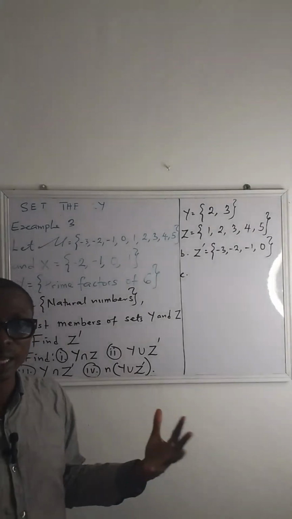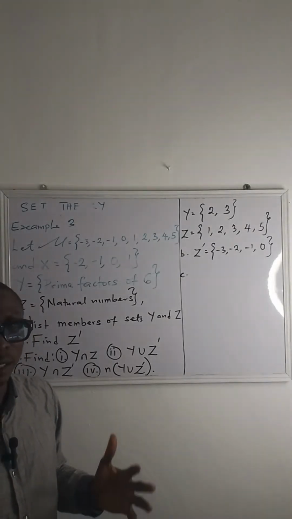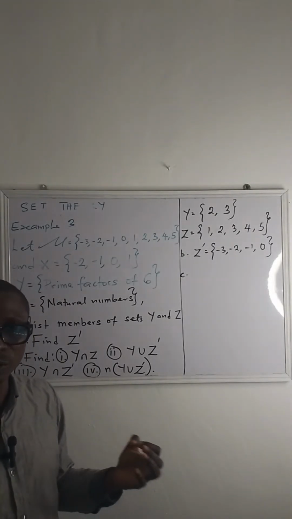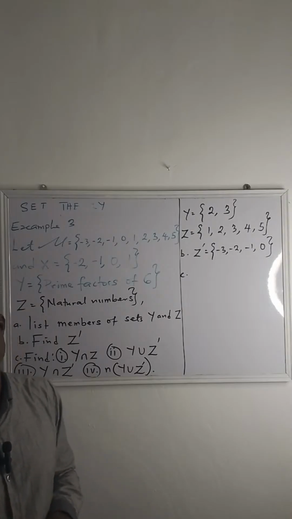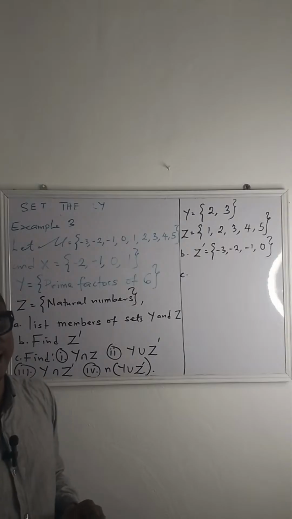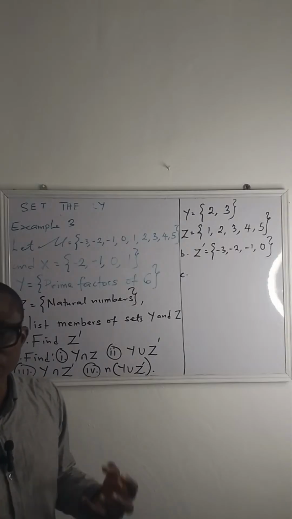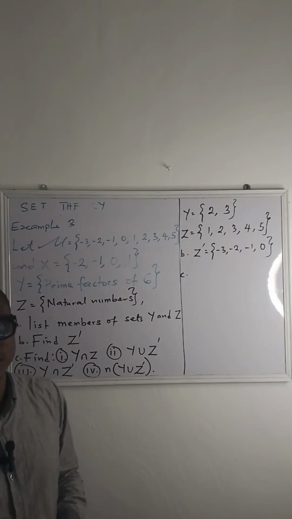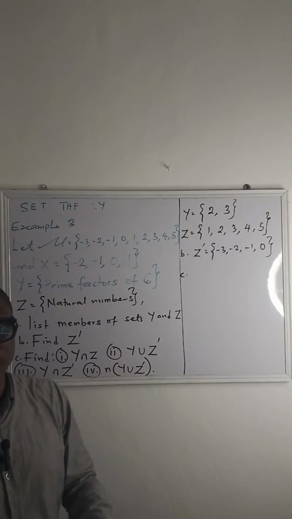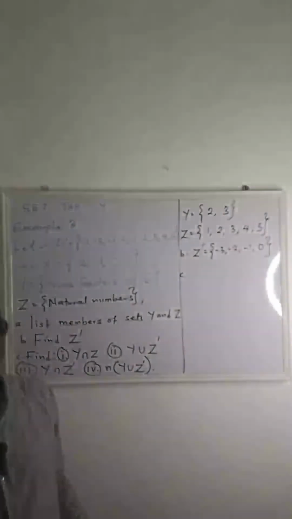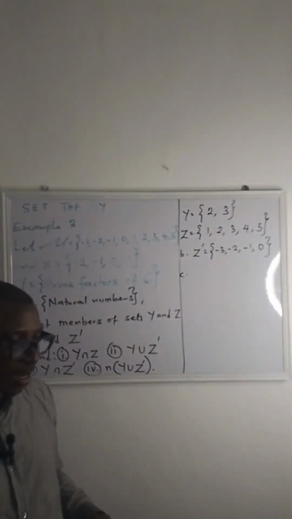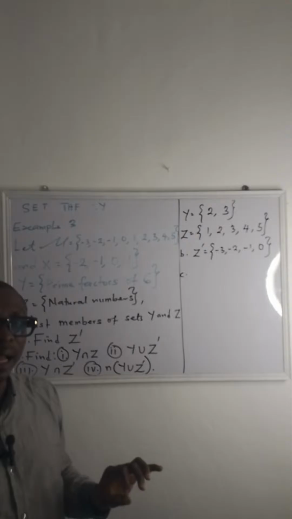If you have two sets and you want to find the intersection of the two sets, what the question is requiring from you is to find those elements that are in the two sets at the same time. So the set of members that is in set A and is also in set B. The elements that are in the two sets are the intersection.